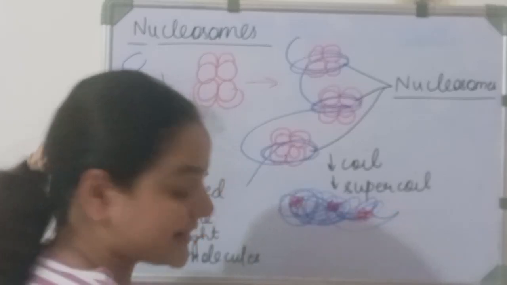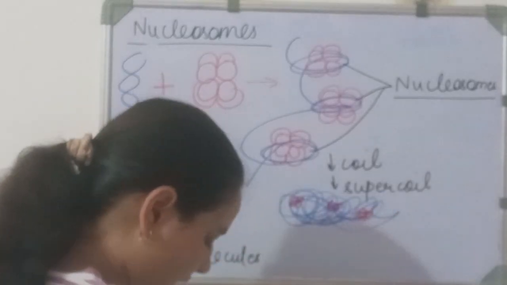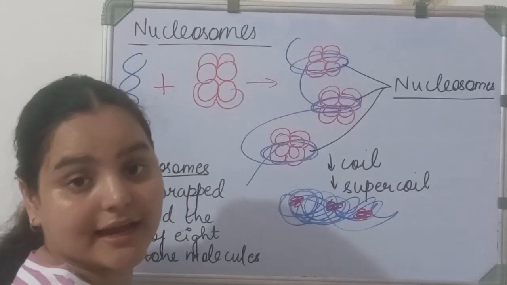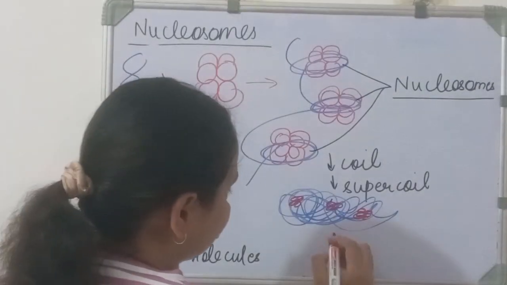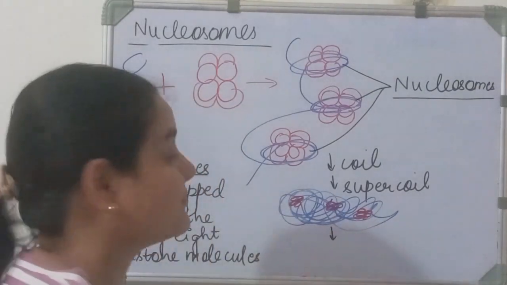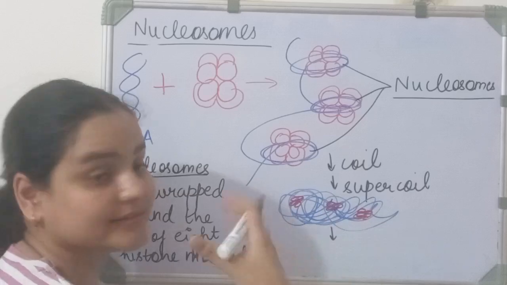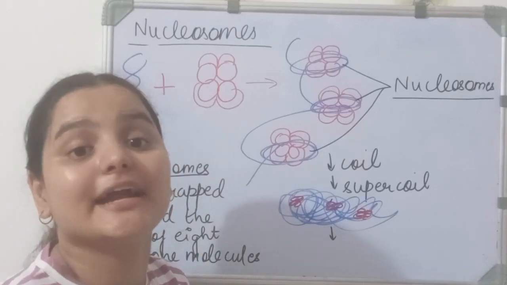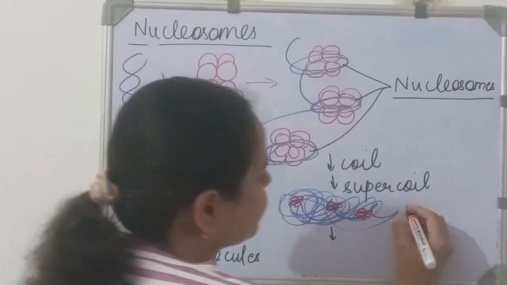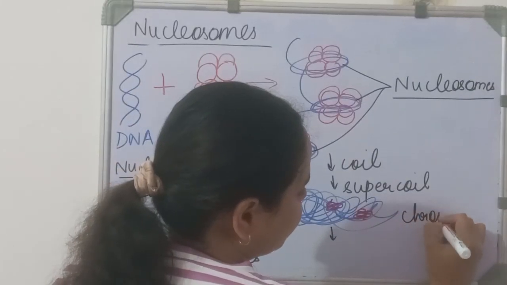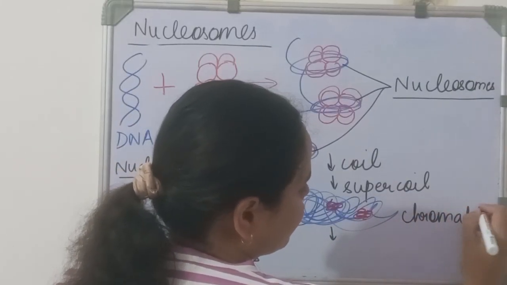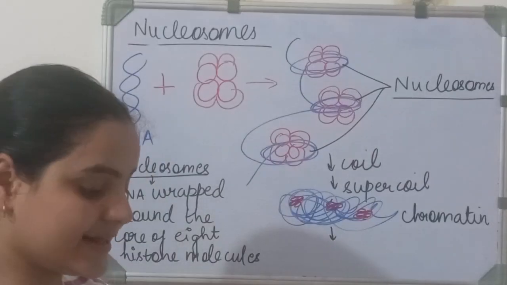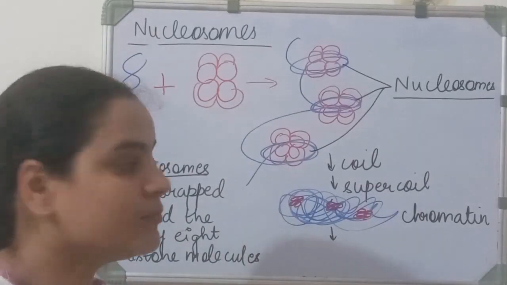This is a chromatin fiber. Now again we are coiling it further, condensing this chromatin, and we will get chromosomes.